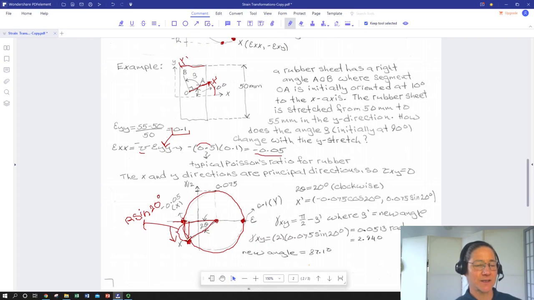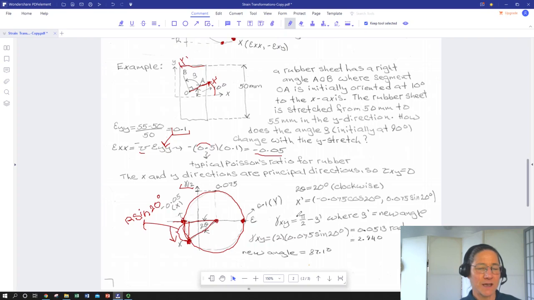So that is going to correspond to gamma over 2 for this rotated direction. So if I multiply that by 2, I would get the gamma xy, which is going to be how much that angle closes up.